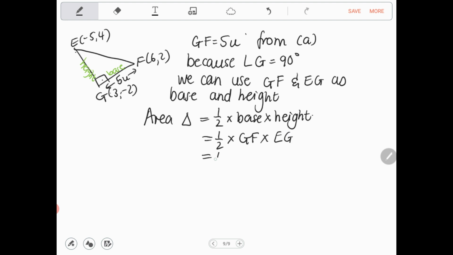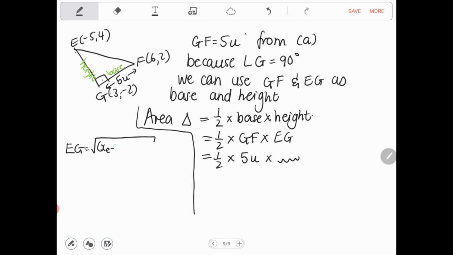Now I know that GF is 5 units. I've already worked it out. But I need to know how long EG is. So you need to quickly go and work out the length of EG because we don't know what that is. Okay, so the x at E minus x at G, squared, plus the y at E minus the y at G, squared.